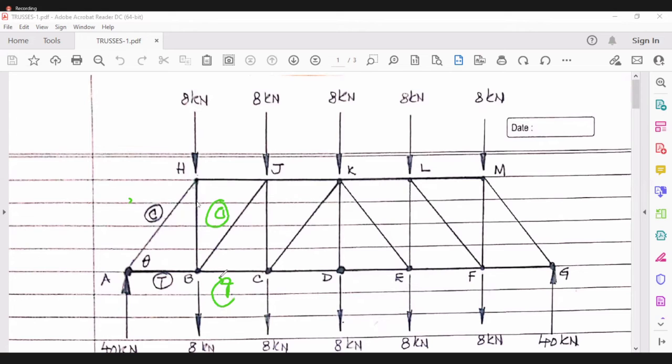Again, this is in tension. This was 40 by tan theta. Here tension is more. It is 64 by tan theta. Right? This also is in compression over here. This vertical member is in tension. Good. Now we can come to the joint K and the joint C.